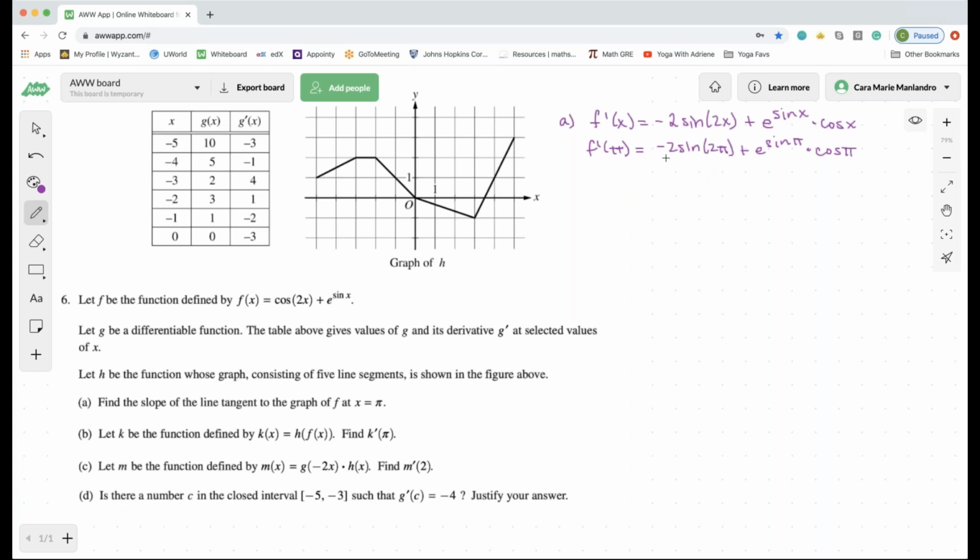Sine of 2 pi is 0, so that guy goes away. Sine of pi is also 0, so this is e to the 0. Don't drop that out, it's not 0. Remember that this is 1. And then cosine of pi is -1. So the slope is -1.